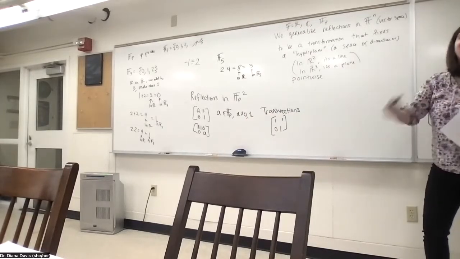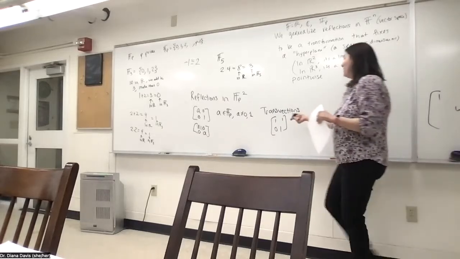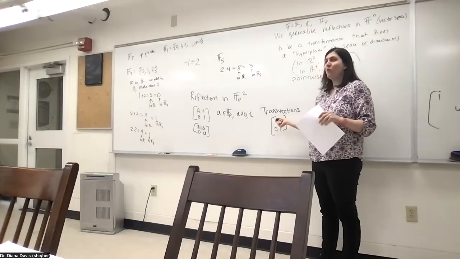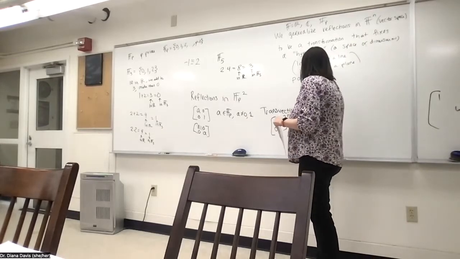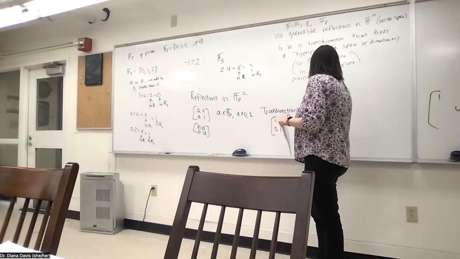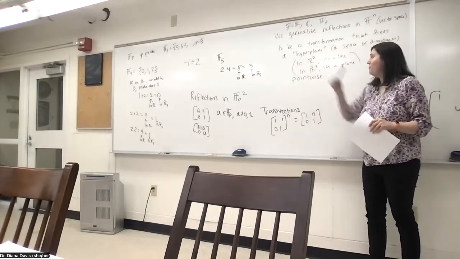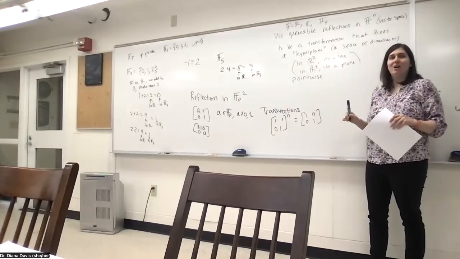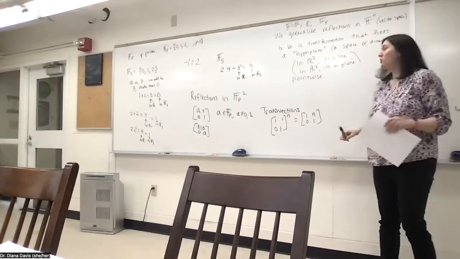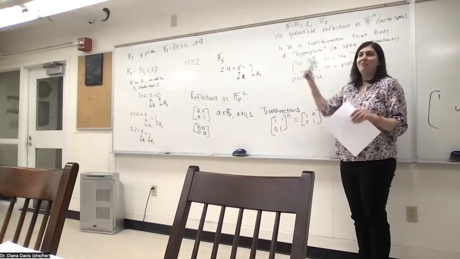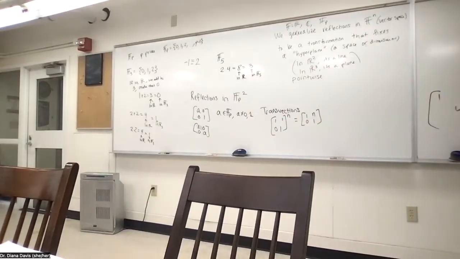So y'all remember the math 3-4 problem. If you take this to the n power, this becomes 1, n, 0, 1, right? Well, if you're in F_p, eventually that goes back to 0 and goes back to the identity. So this is a reflection in F_p and not in the real plane because of that.